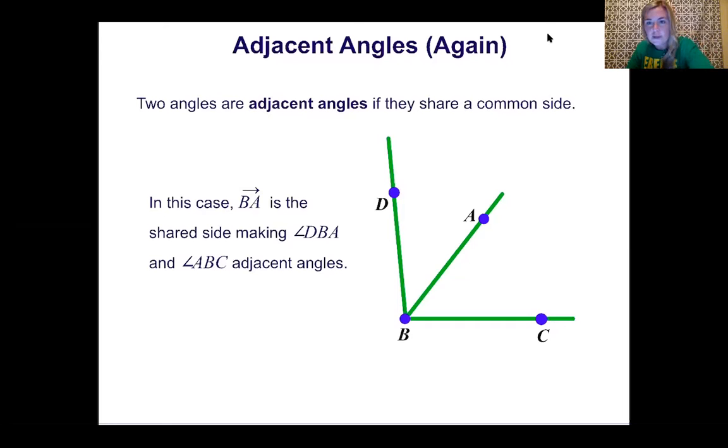And in order to qualify as angles that are next to each other, they have to have a common side, which in this case is right here. There's a lot of angles in this picture, but this angle that I'm outlining in green is adjacent to the angle that I'm outlining in blue. And the pink is the common side that they share. And so they are adjacent.